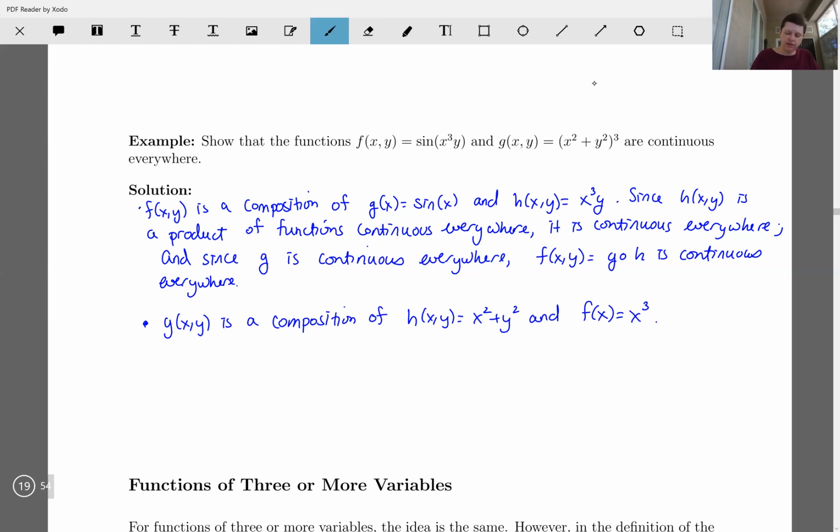Since h is a sum of everywhere continuous functions, you guessed it, it's continuous everywhere.